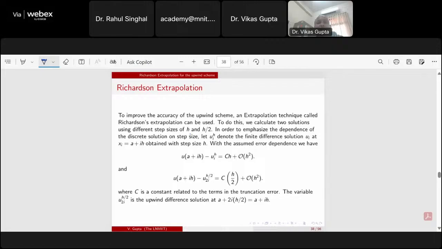Let u_i^h denote the finite difference solution at the point x_i obtained with step size h, so that u(x_i) minus u_i^h, where u(x_i) is the exact solution and u_i^h is the approximate solution obtained with the upwind scheme.